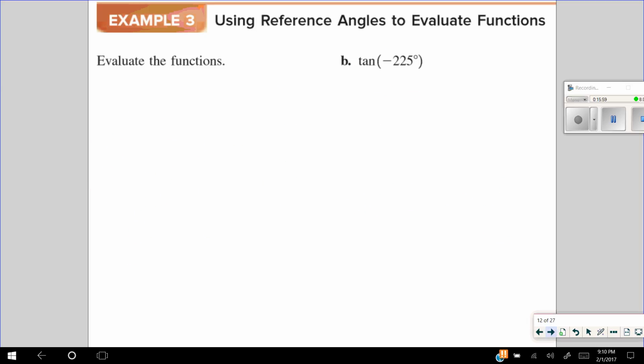Tangent of negative 225. So step 1, draw the angle. This time we're going the opposite direction, because negative 225 is negative. So here's negative 90, negative 180, negative 270. So before negative 270 is negative 225. Okay?